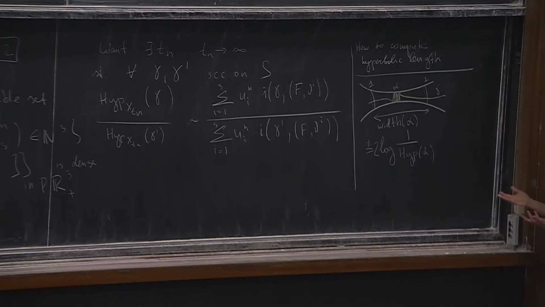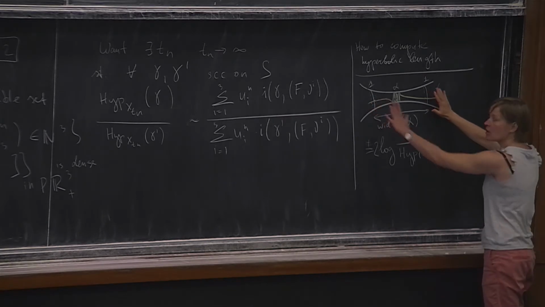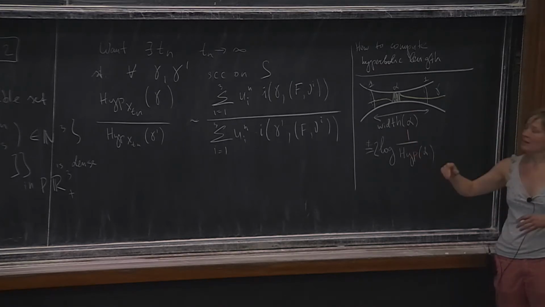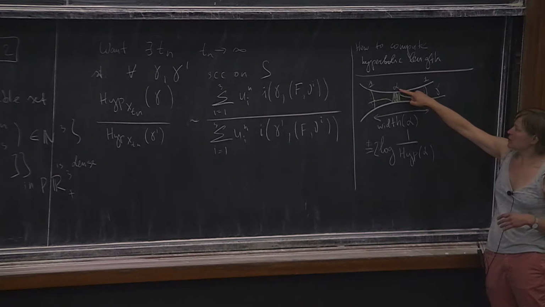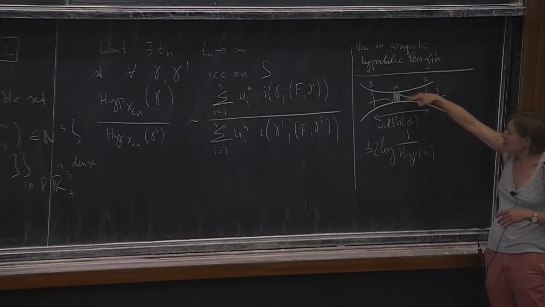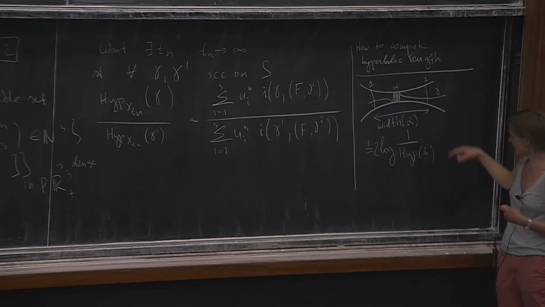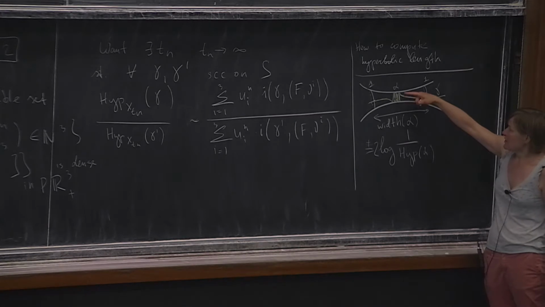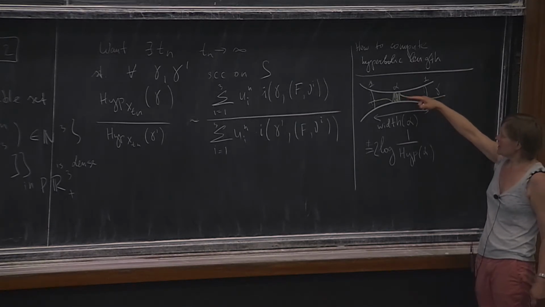So approximately the length of this arc is the width, because it has to go all the way across, plus, every time it twists around alpha, the length of alpha. So it's the number of times gamma twists around alpha times the length of alpha.